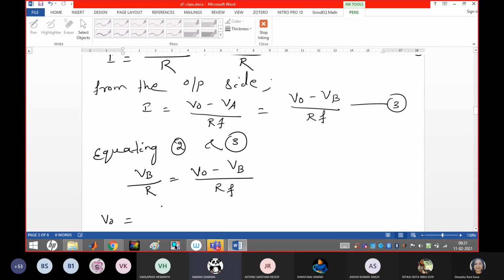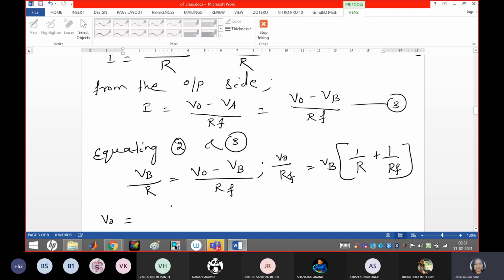So the same can be written as, if you solve for V0 by RF, VB whole into 1 by R plus 1 by RF. After this, the final equation for V0 is VB into R plus RF by R. Later we will come to that 1 plus form.